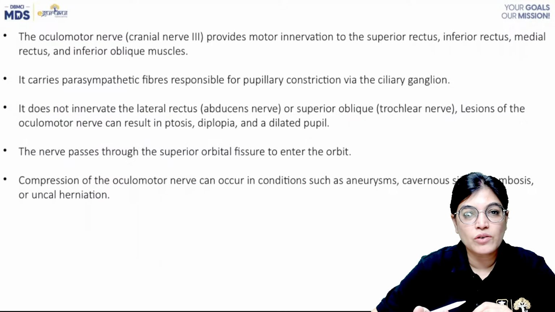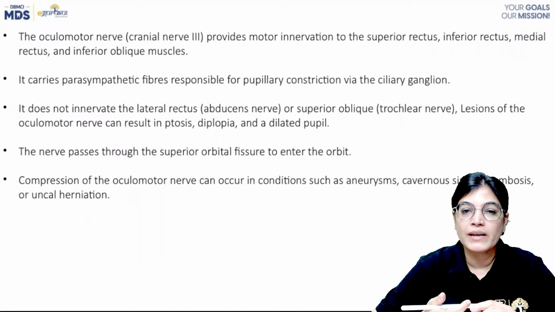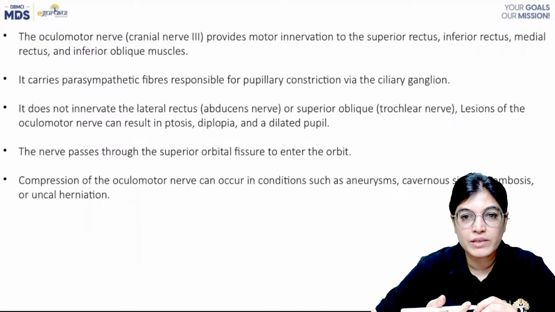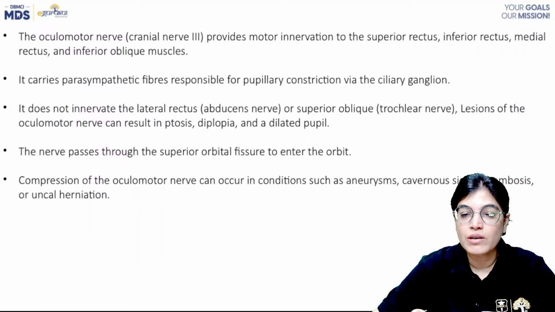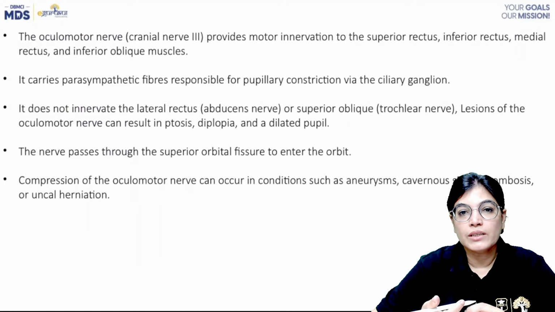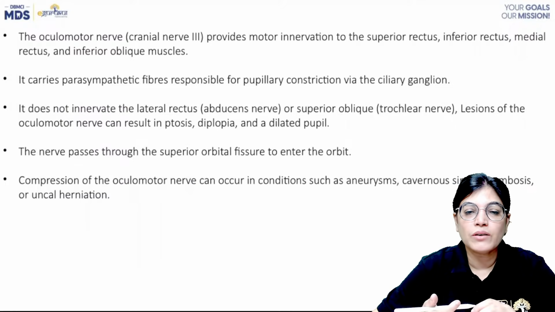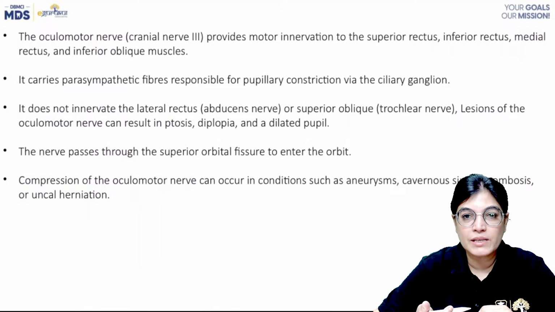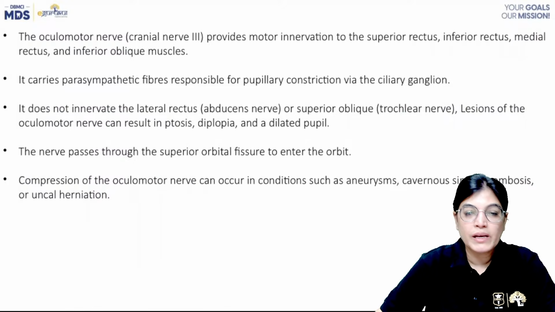A lesion of the oculomotor nerve results in ptosis, that is drooping of the upper eyelid due to paralysis of the levator palpebrae superioris muscle. It also causes a dilated pupil due to the non-working of the sphincter pupillae muscle. So all these things should be known to you.